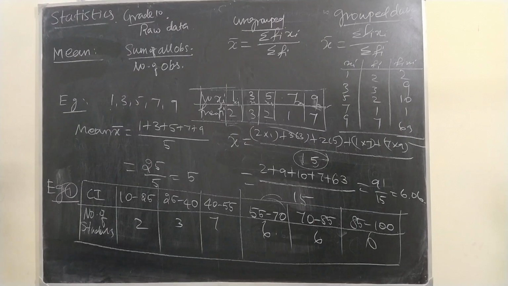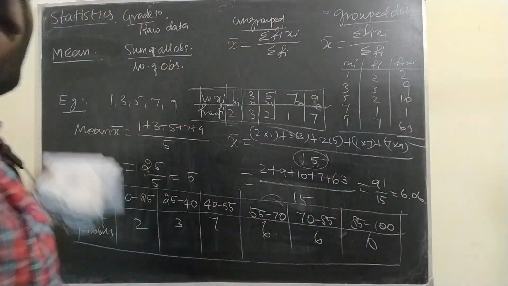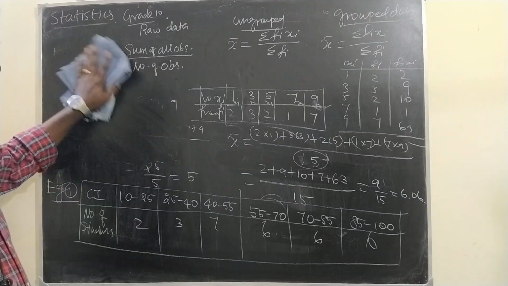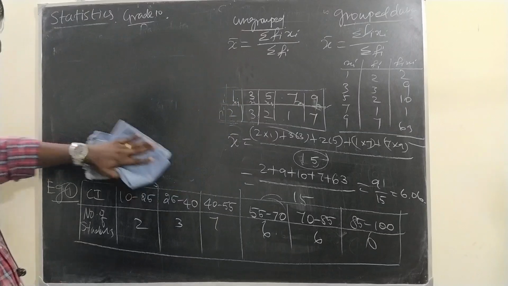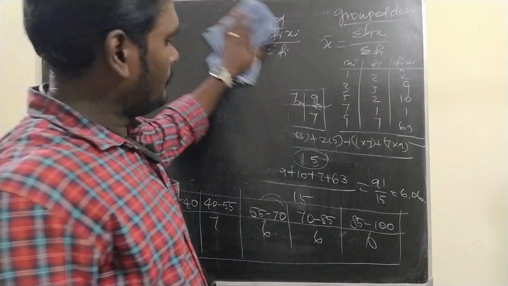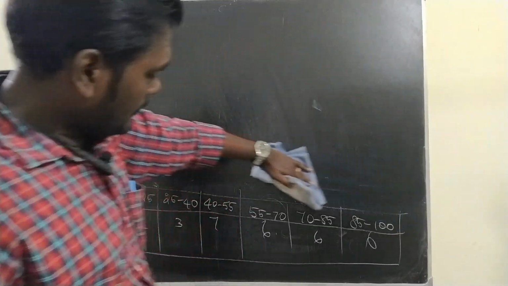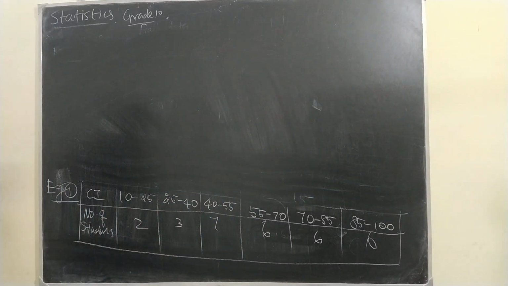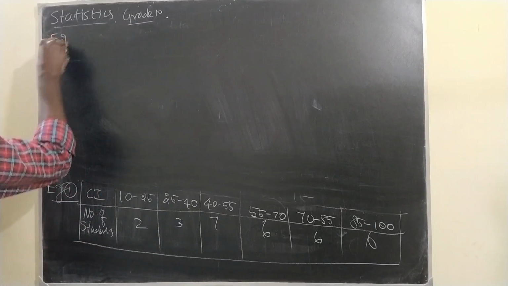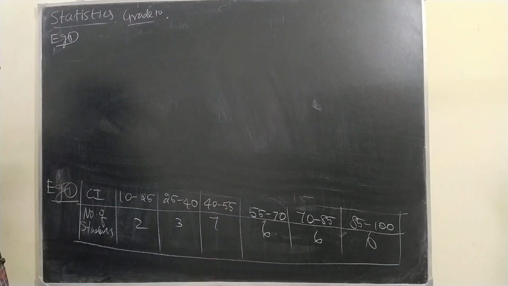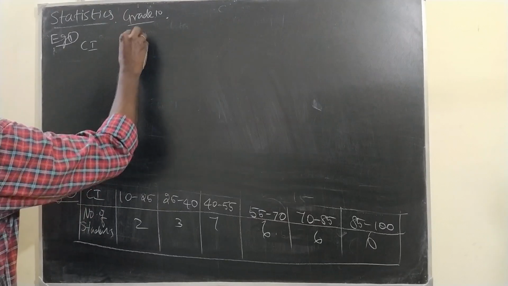Okay. Now see the example 1. What type of data is it? Example 1 means this one, man. Is that raw data, ungrouped data, or grouped data? Example 1, this one I am telling you to see, not in your book. What type of data is it?